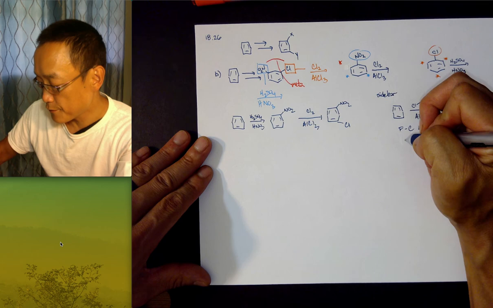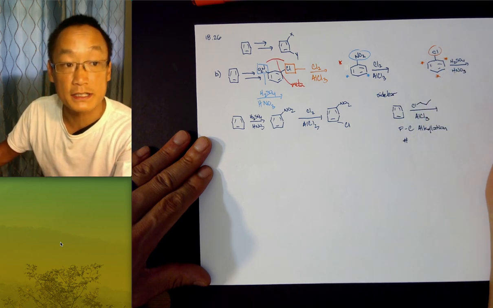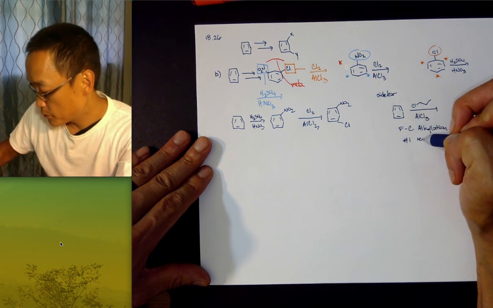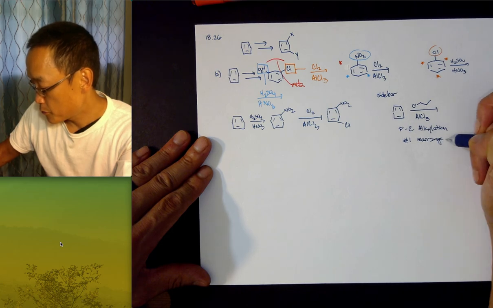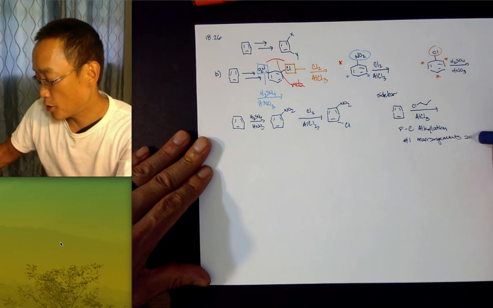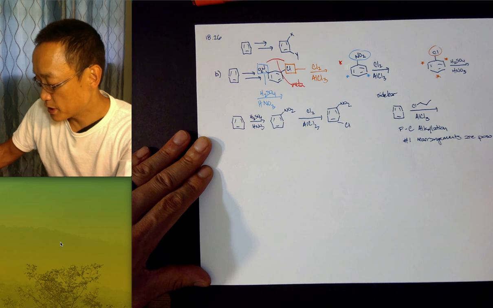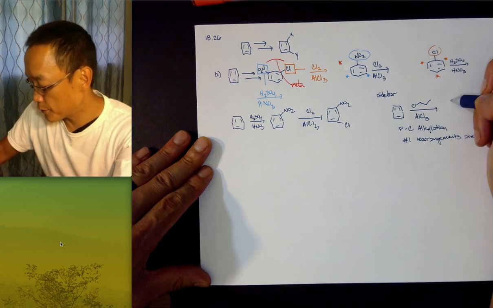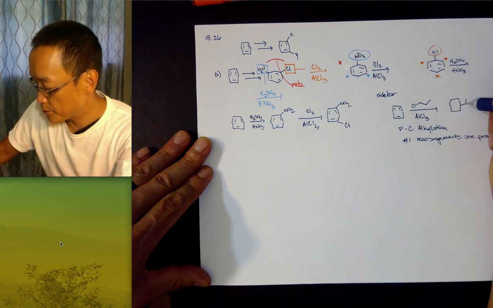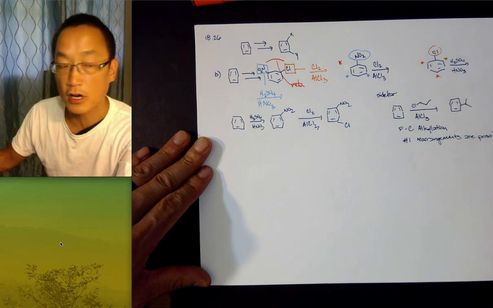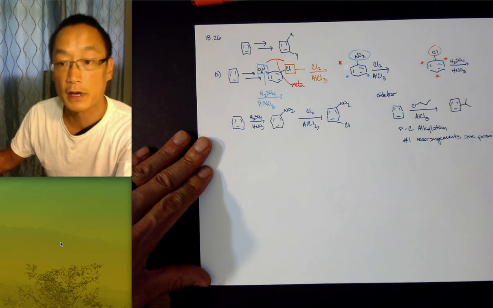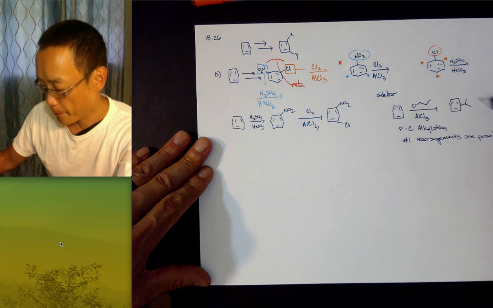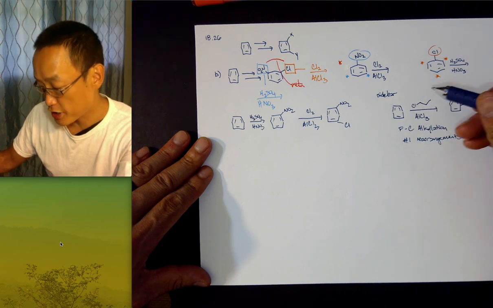Number one is if the reaction does take place, rearrangements are possible. So in the example above, don't forget that the propyl group that we will install is actually an isopropyl group instead of the normal propyl group, or the straight chain.